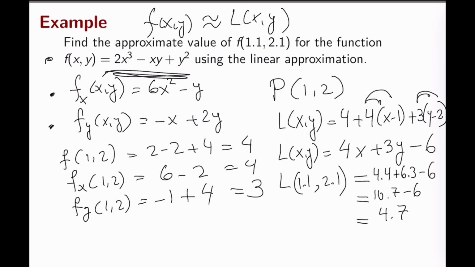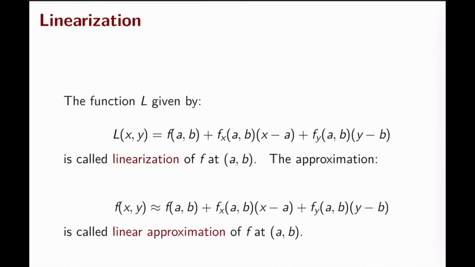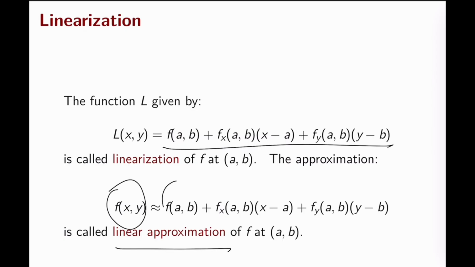So this is how we approximate a function using the tangent plane or the linear approximation. We are going to call it the function linearization, or also the linear approximation, when we approximate the function by L(x, y), which is all this.